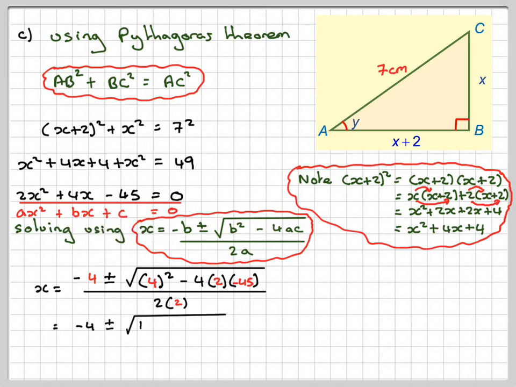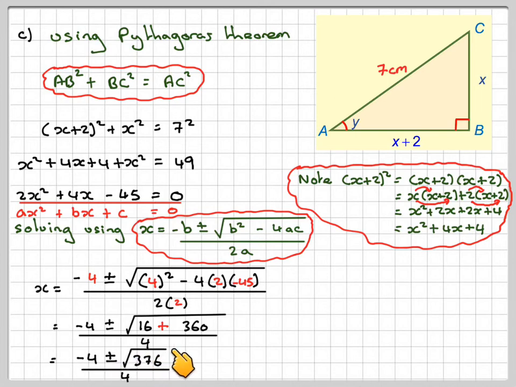So it's going to give you minus 4 plus or minus the square root of 4 squared, which is 16, minus 4 times 2 times minus 45, which gives you plus 360. It's important that becomes a plus, divided by 4. So that comes down to minus 4 plus or minus the square root of 16 plus 360, which is 376, all divided by 4.